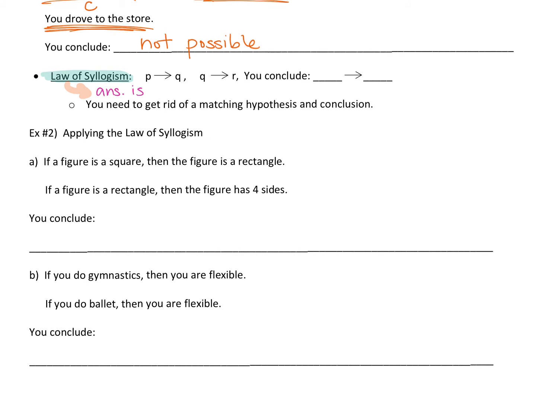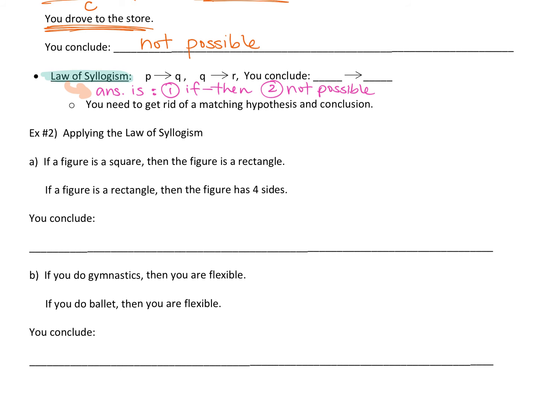So Law of Syllogism, your answer is either one of two things: an if-then statement or not possible. Okay, that's the only type of answer you can give with Law of Syllogism. Okay, so here's how Law of Syllogism works.